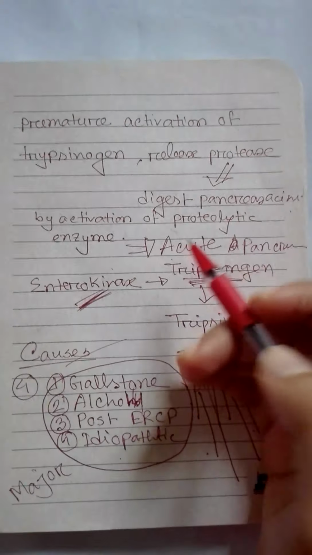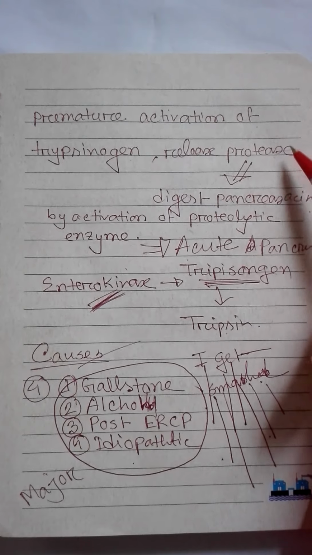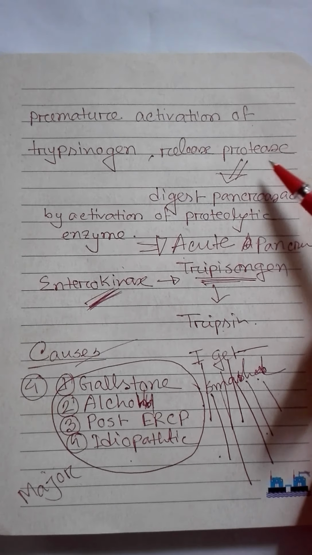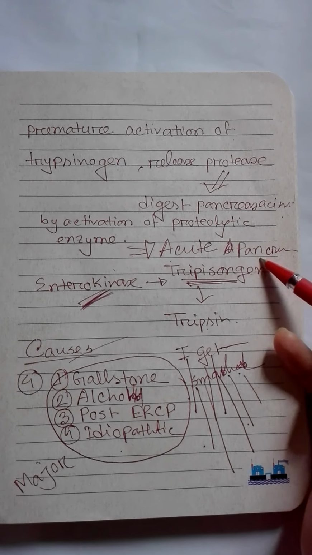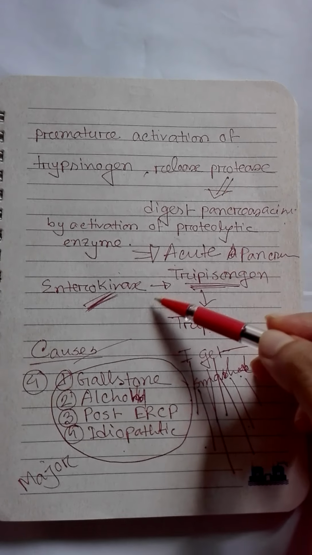Now, premature activation of trypsinogen releases protease that digests, or autodigests, the pancreas's own acini. Activation of proteolytic enzymes causes acute pancreatitis.